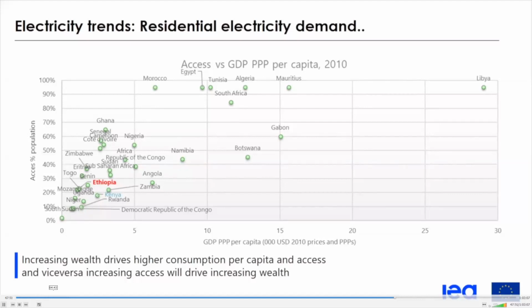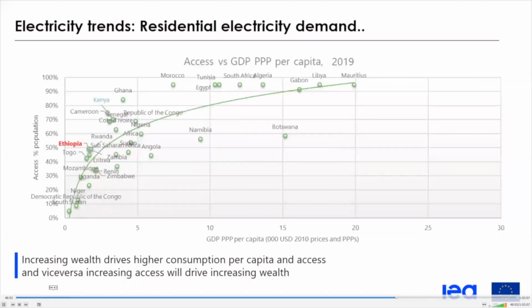The more access led to an increase in wealth, etc. So we can see in several countries between 2010 and 2019, for example here we can see Ethiopia, with the access growing for the population, we have an increase of the GDP within the country. So both elements are connected in our data sets.